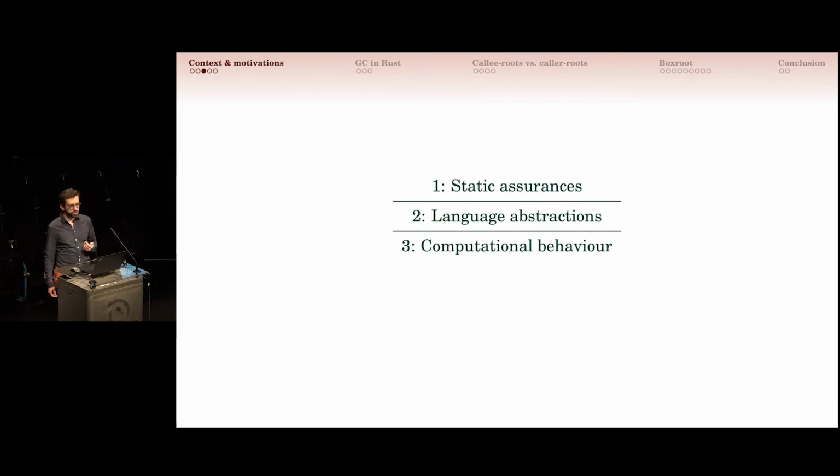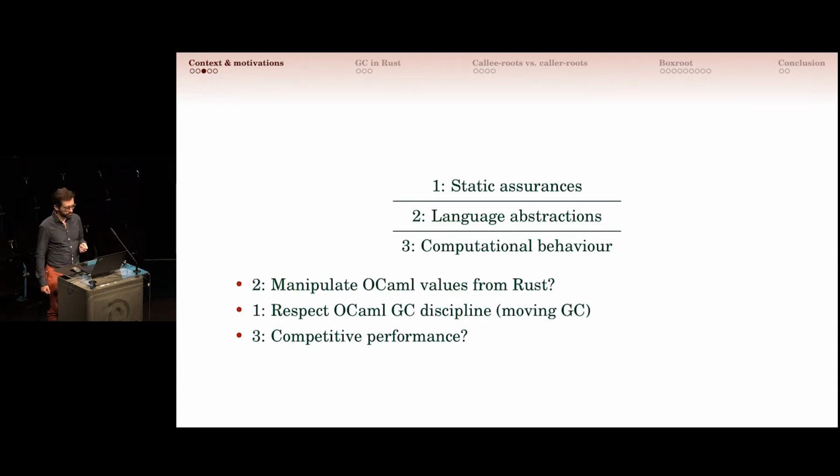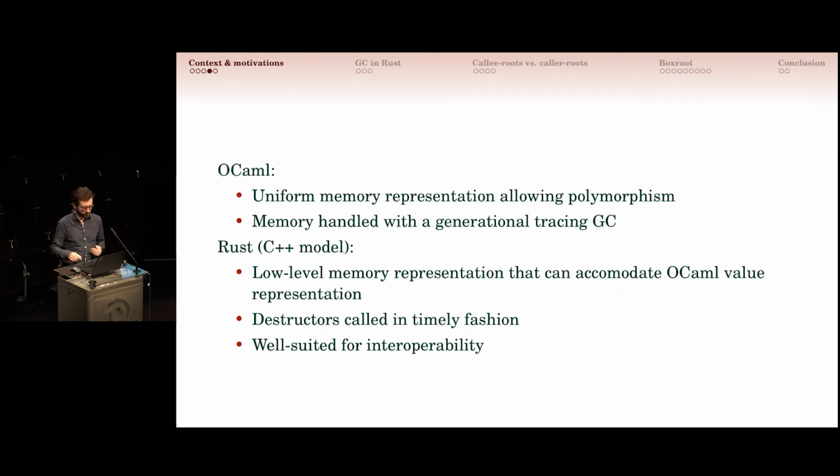And the last one is which static or even dynamic assurances your programming language gives. In this work, the question is, how can we manipulate OCaml values from Rust? A question of language abstraction. In a way that the OCaml GC discipline is respected and is ensured by the compiler. And lastly, for an FFI, we want competitive performance. So I'll have benchmarks at the end.